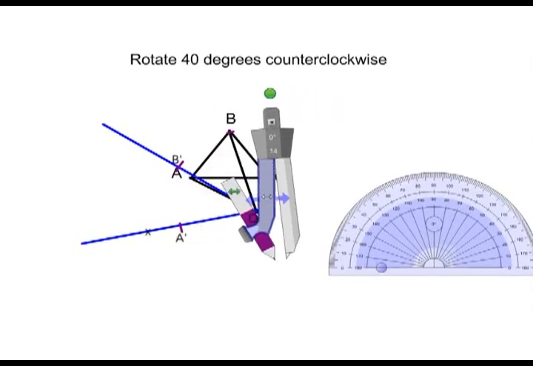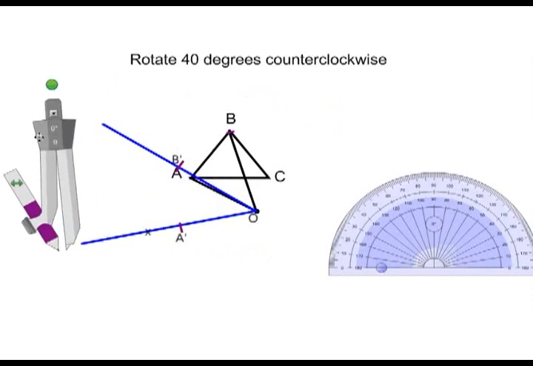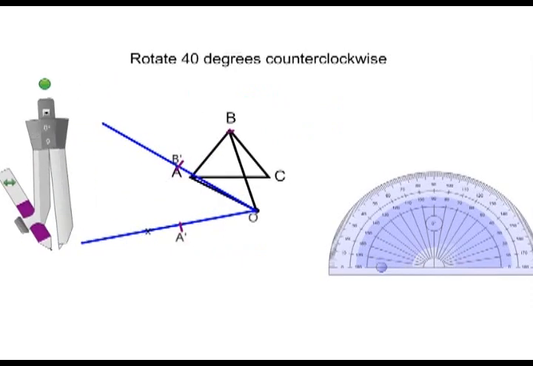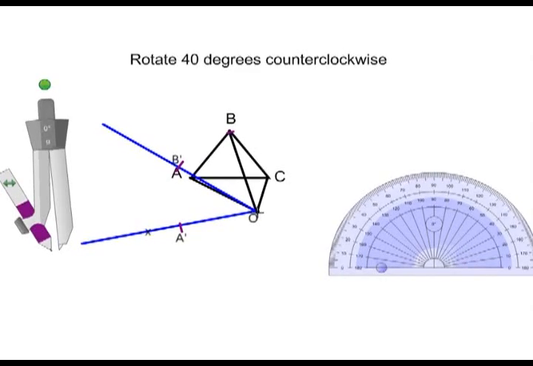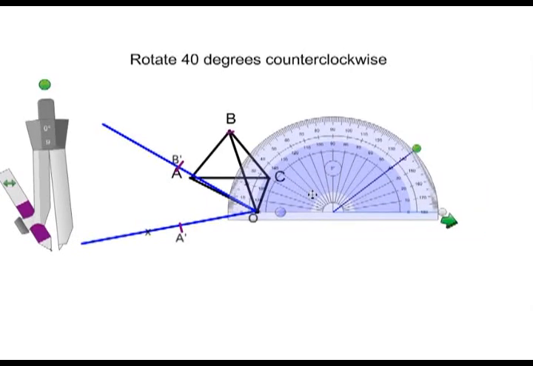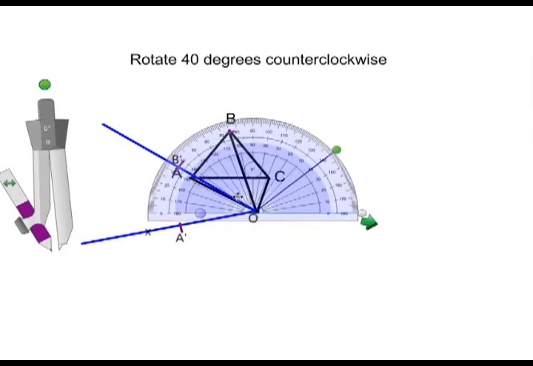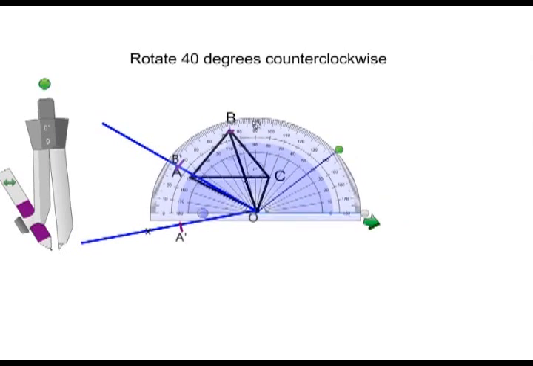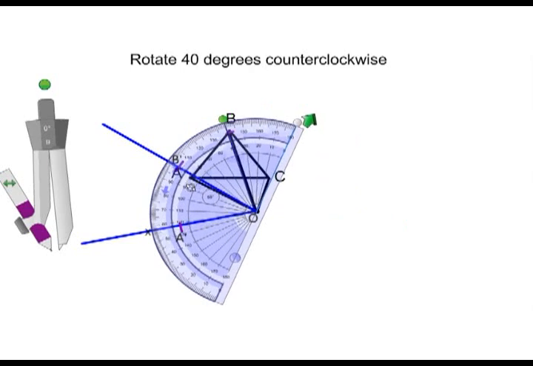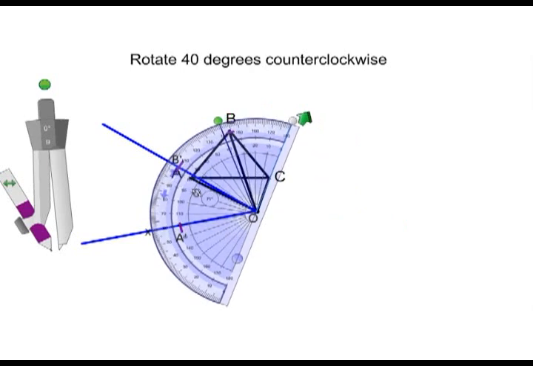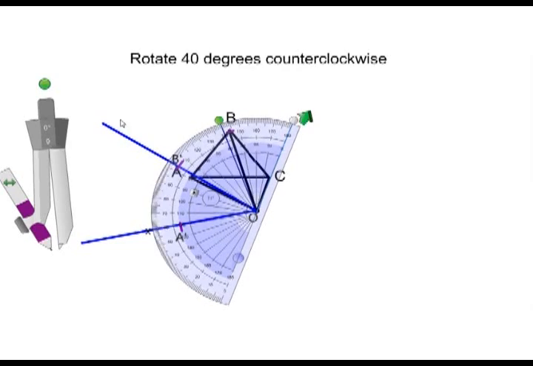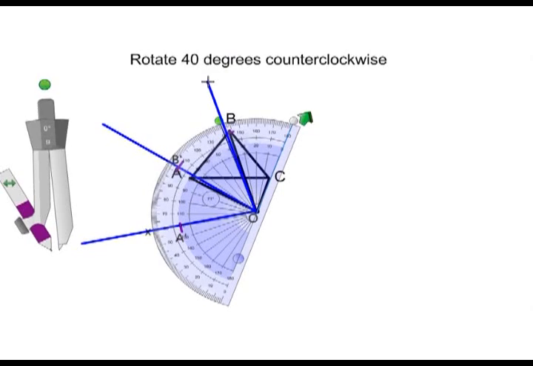Put that aside. And lastly, we do the same for C. Draw that line. Take the protractor and measure 40 degrees. Rotate that. 40 is here. Draw that new line.